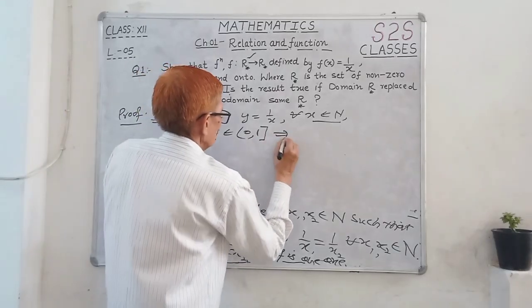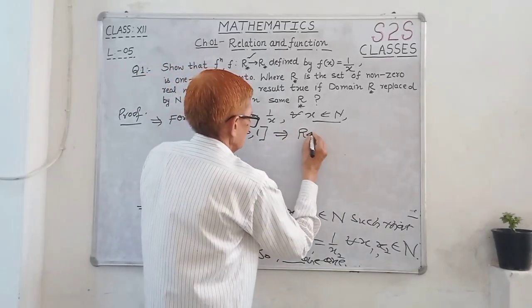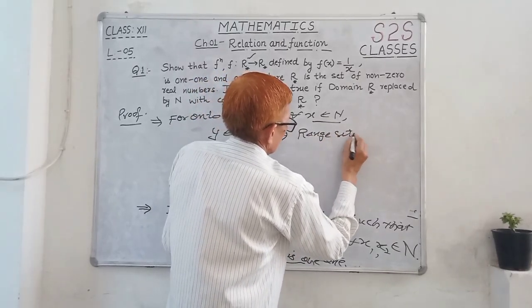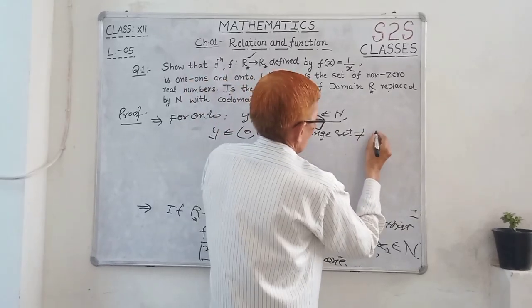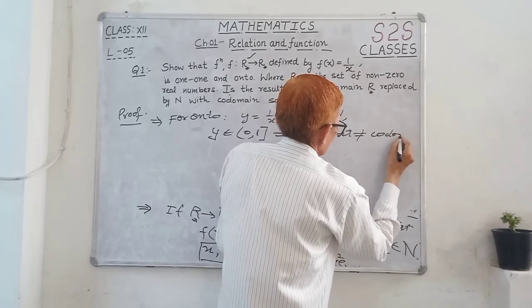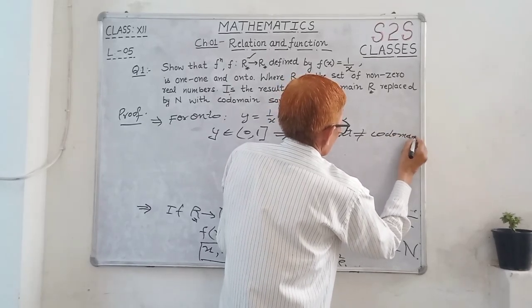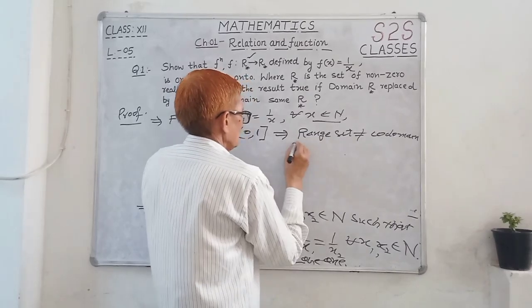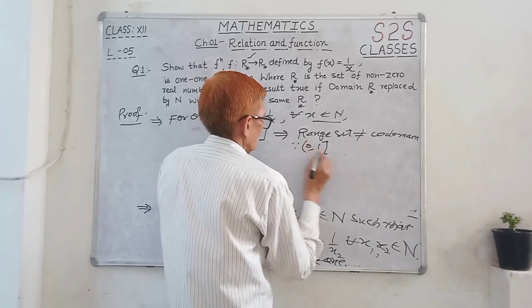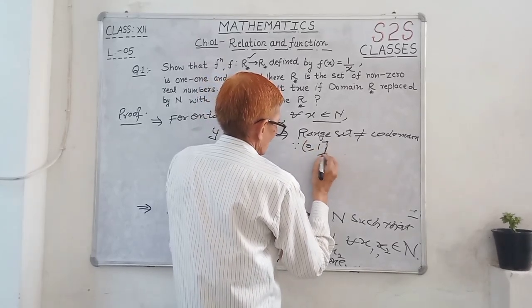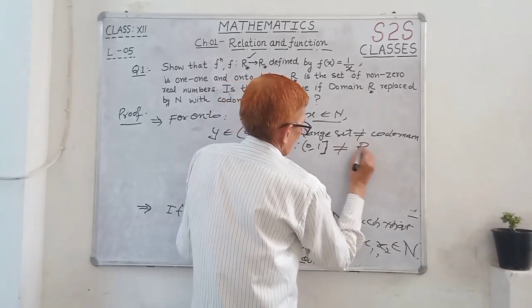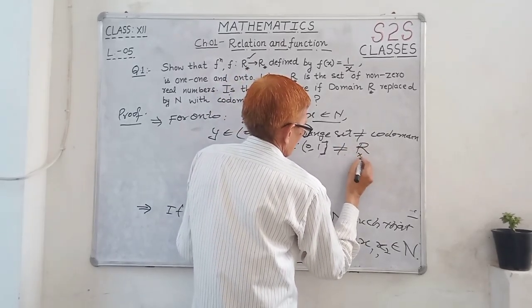So this implies range set is not equal to codomain, because (0, 1] is an interval, this is not equal to R star.